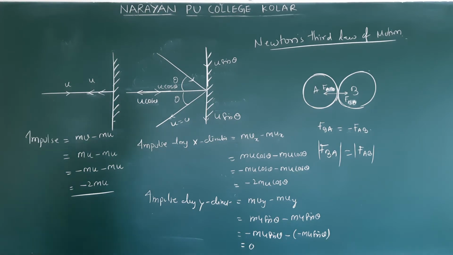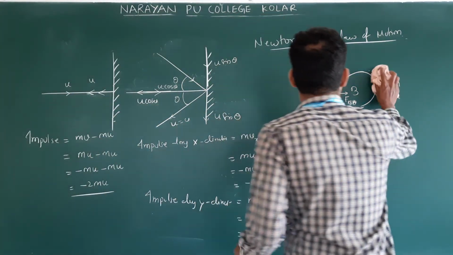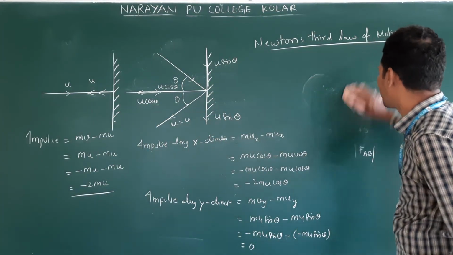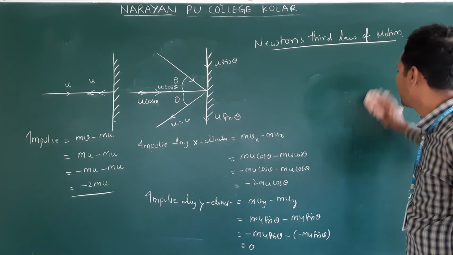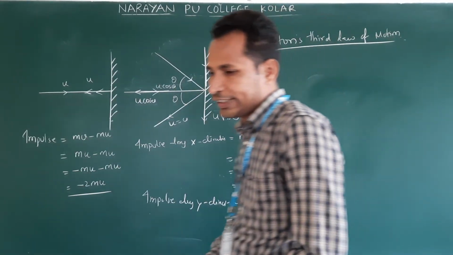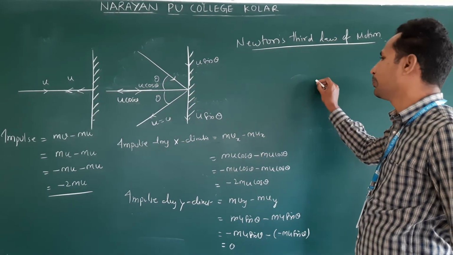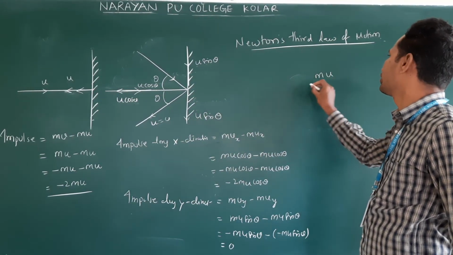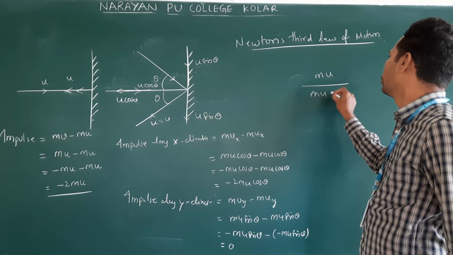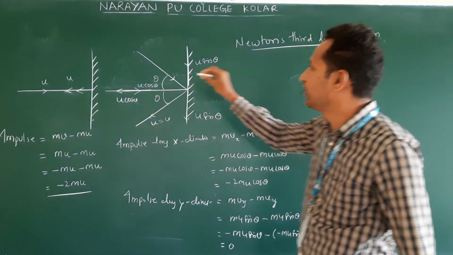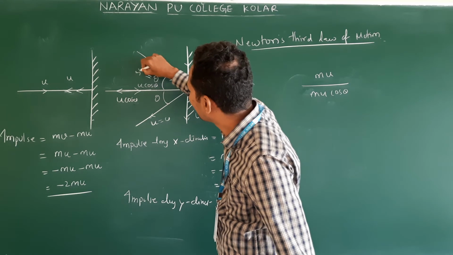Second question, the ratio of impulses. They asked for the ratio of the first case to the second case. So the first case impulse is m u, the second case is m u cos theta. In the book they mentioned theta as 30 degrees.